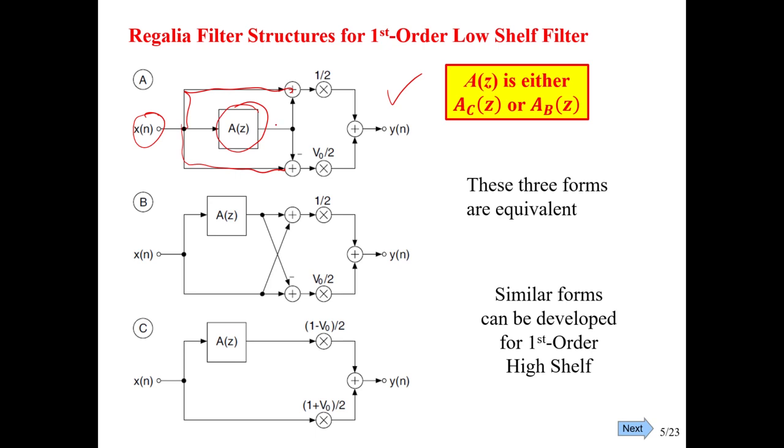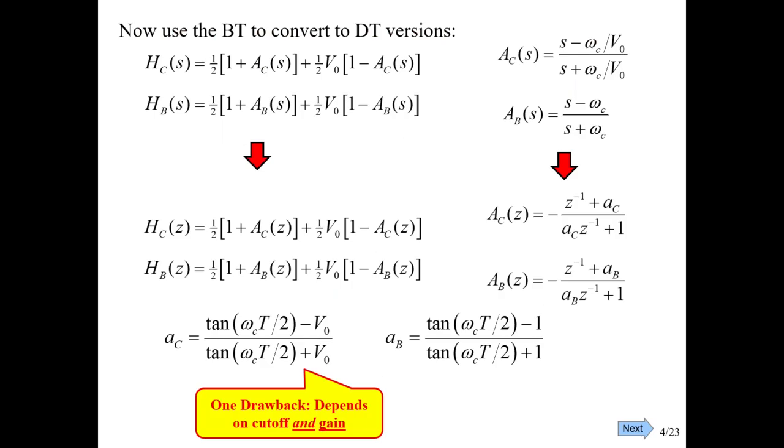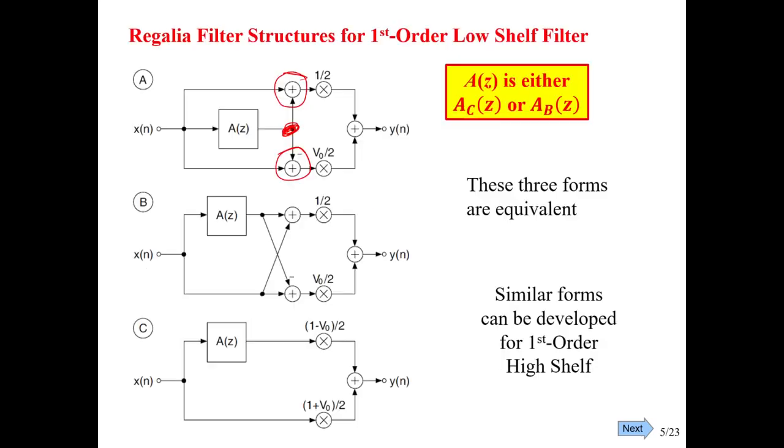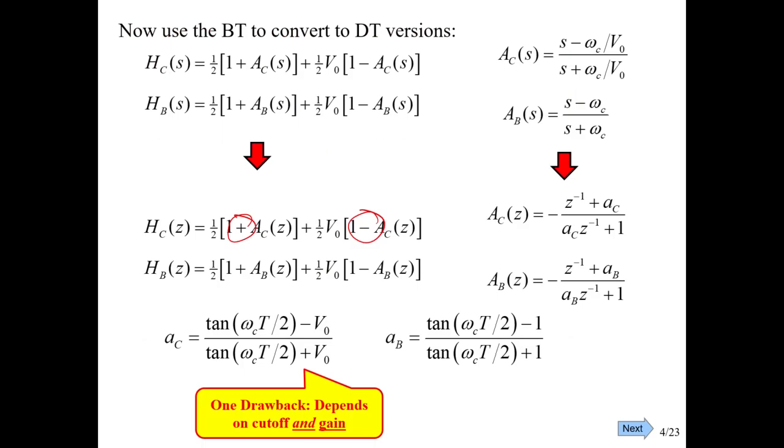And then the output of the all-pass filter is added to the input up here and subtracted from the input down there. So that's these two things, right? The plus and the minus. And then it gets multiplied by a half up here and V over 2 down here. Again, we can see that here, the half out in front and the V0 over 2 there.